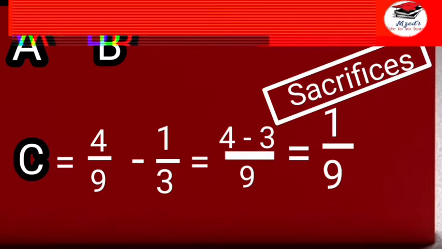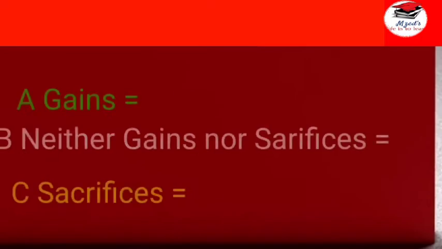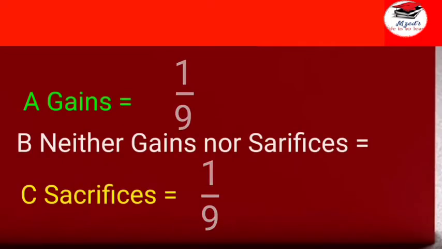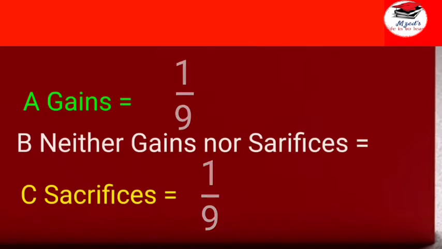So that means C sacrifices 1/9. So here we can see that sacrificing ratio is equal to gaining ratio. Okay, so A gains 1/9, B neither gains nor sacrifices, and C sacrifices 1/9.